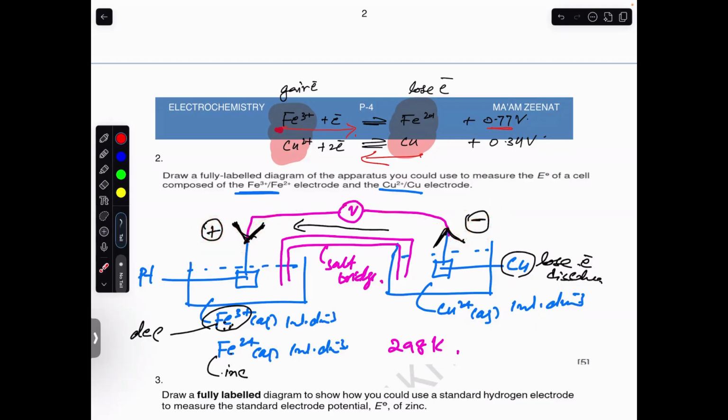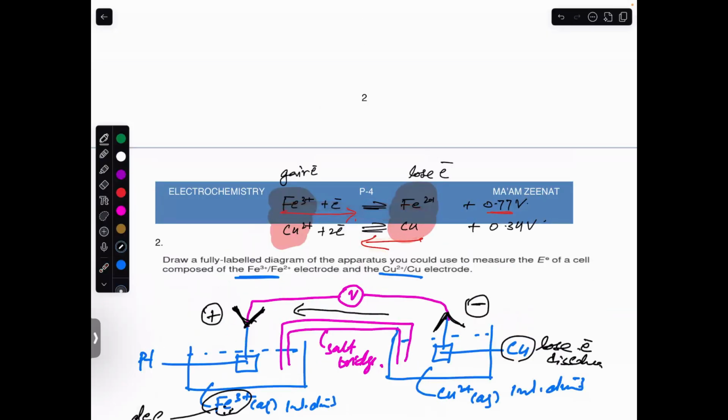So can you construct the equation? Yes, one will go forward, one will go backward. And what you are supposed to do? Multiply this with 2. Look. Fe3+ gains 2 electrons, making 2 Fe2+, 0.77 volt.